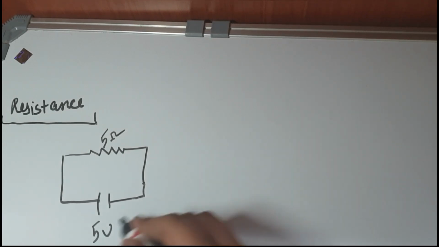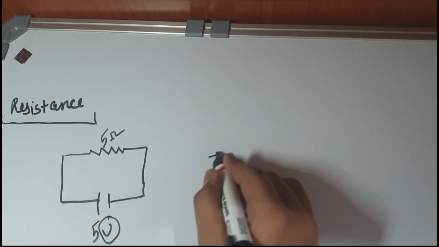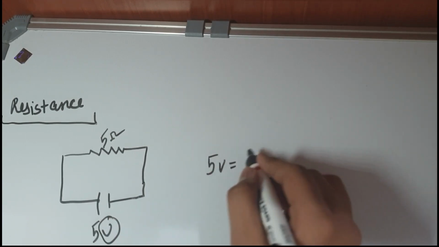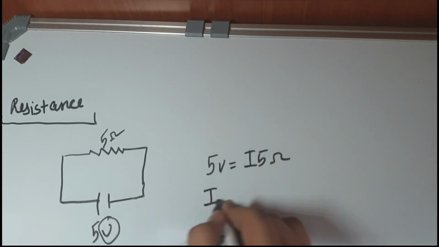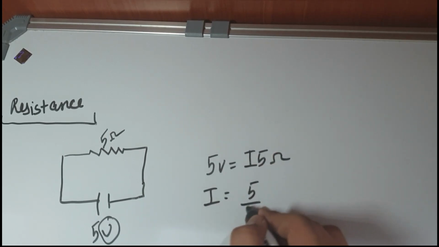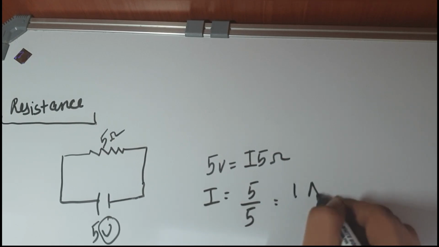We denote potential difference in volts. So 5 volts is equal to I times 5 ohm. To calculate I, I is equal to V by R, 5 by 5, which is equal to 1 ampere.